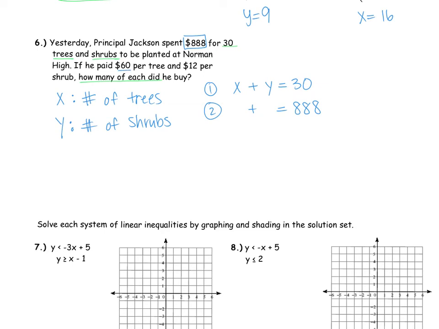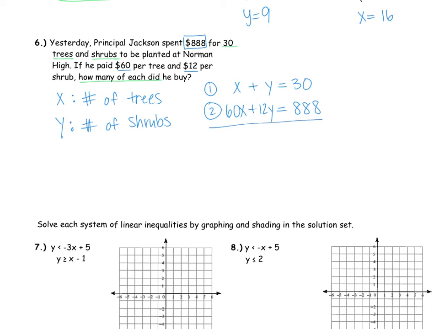So if I take $60 and multiply it by the number of trees, or 60 times x, I would get the total cost that I spent on the trees. If I take $12 for each shrub and multiply it by y, I would get the total amount that was spent for all the shrubs together. So from here, I have my system of equations and I'm ready to use elimination.